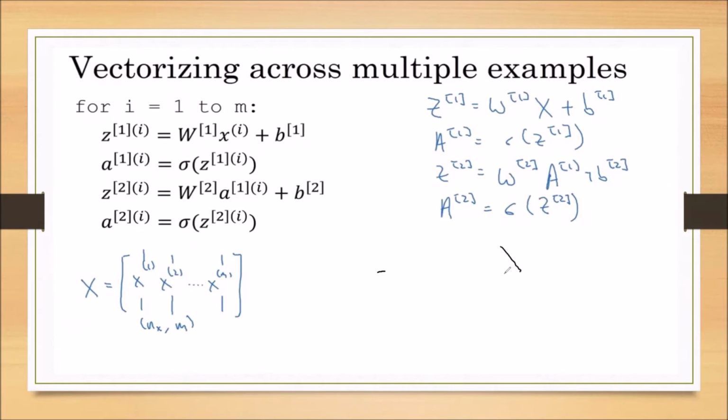The matrix size of X is some n by m. The W1, it depends on the number of rows or number of activation units, and here the number of features. So the matrix multiplication of W and X results r by m.